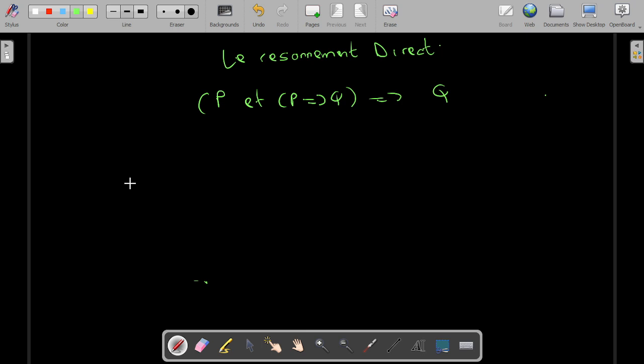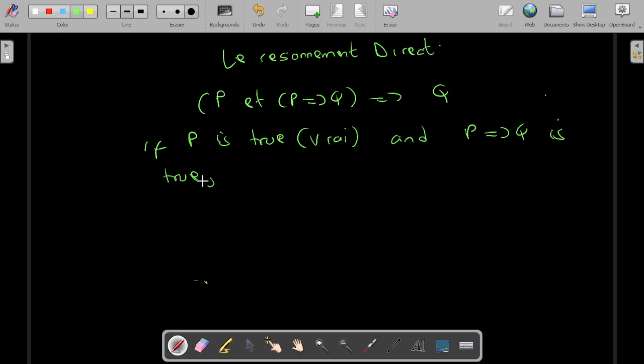Now, what is the logic here? Basically, we have that if P is true, or we can say vrai, and the implication P implies Q is true, alors forcément, or necessarily, the proposition Q has to be true.